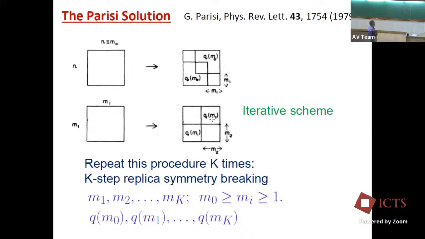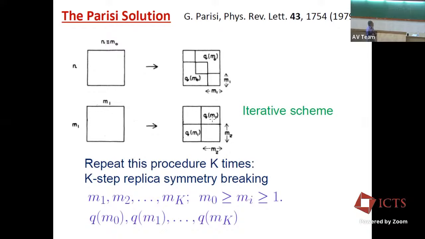So when you go to this k going to infinity limit, then basically these values M1, M2 up to Mk can be represented by a continuous variable, and by choosing the normalization, so to speak, you can say that it goes from 0 to 1, and the corresponding q then becomes a continuous function. So that is the next step, that you do these iterations infinitely many times.